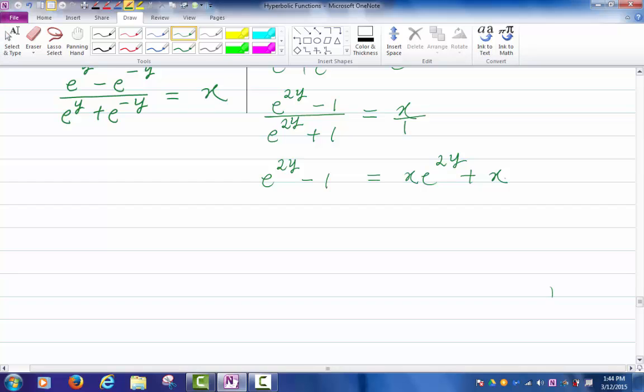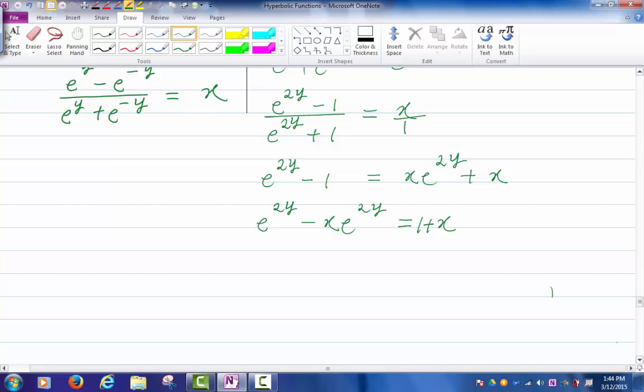So let's get the y terms together. So let's get e to the 2y minus x e to the 2y. And then on the right hand side I have x, and the negative one that I have on the left, we are just going to send it to the right. So I am going to get 1 plus x. Is that okay?